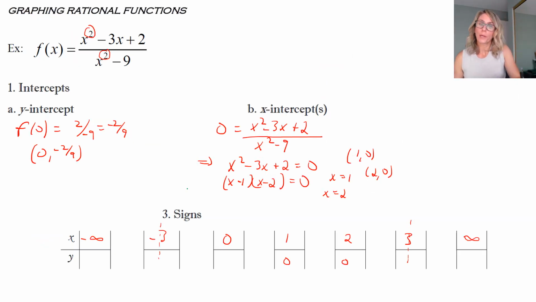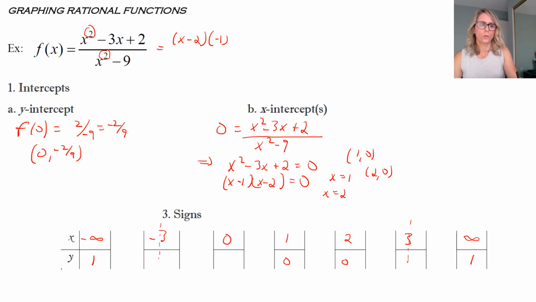So now I think we're ready for our signs. So we already know that this is what's going to happen as we get close to negative infinity or infinity, very different than polynomials, having us approach a number. And then we're still doing the same idea. We're just going to put in values and see, do we get something positive or negative? We're going to look within these numbers at our signs.